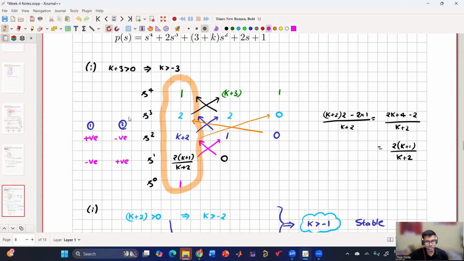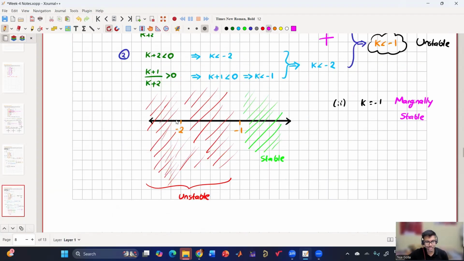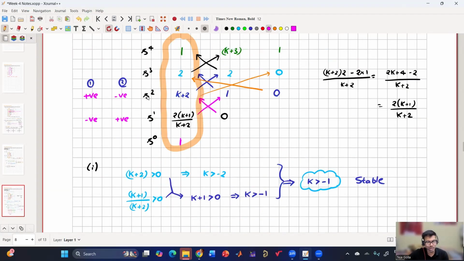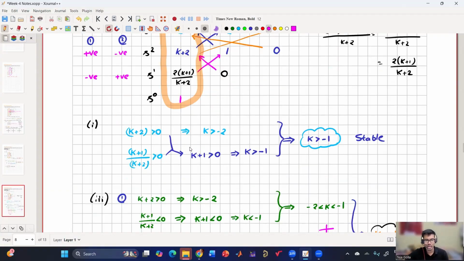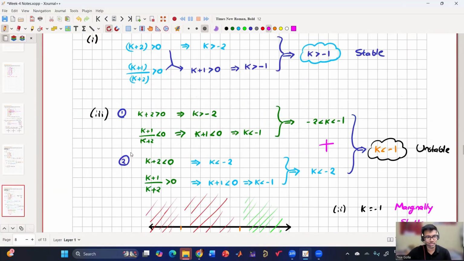But either this will happen or this will happen. So in one case, the range of K is less than minus 2. In the other case, it is from minus 2 to minus 1. But if I take any of this entire region, the system will be unstable. Only the negative will be happening in s squared one time, s to the power 1 another time, but both will lead to instability. Is that clear? Yes, sir.